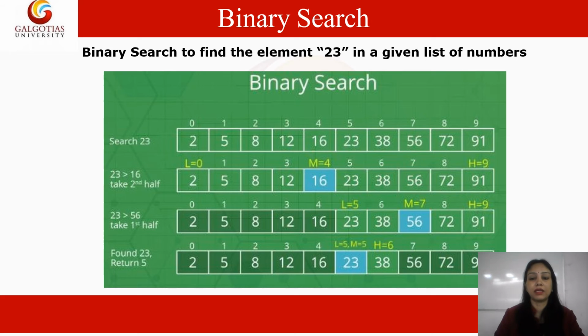After starting in that second half, our first element is equal to 23. So it will return 5, because 16 is stored at A[4] and 23 is stored at location 5. So yes, 23 is found at location 5. So binary search is a type of interval search, and the condition is that your list should be sorted.